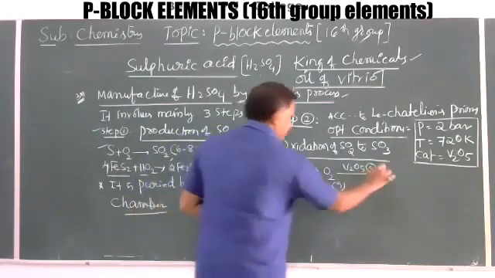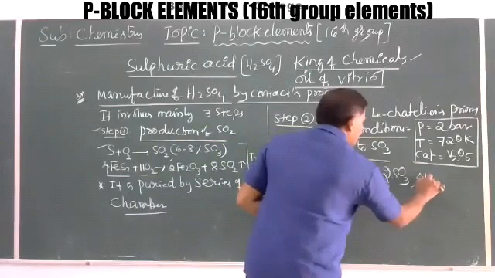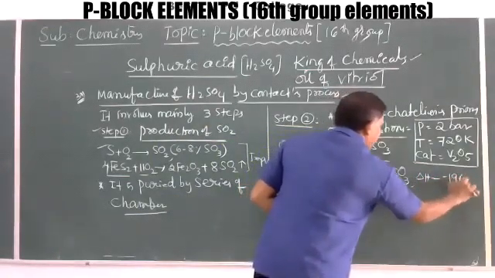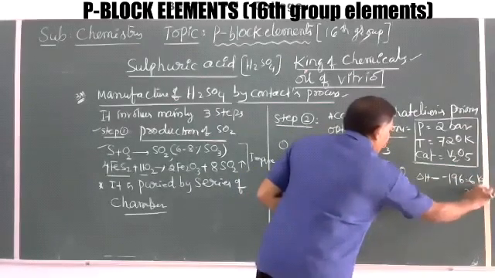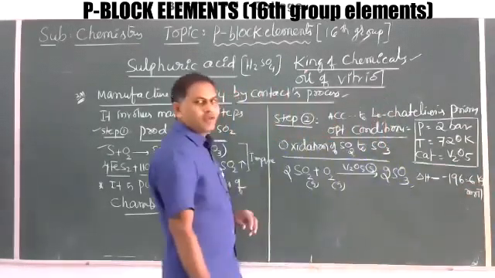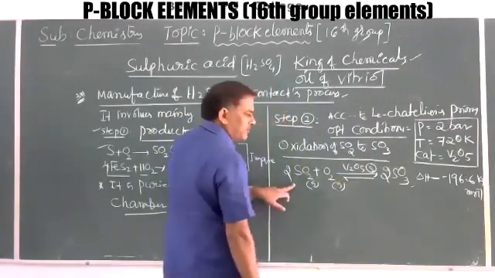Now 2 moles of SO2 gives 2 SO3. Now delta H is equal to -196.6 kilojoules per mole, that amount of heat is liberated. So it is an exothermic and reversible reaction.